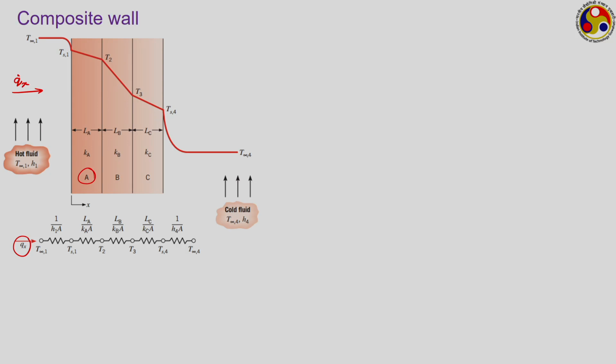So, if Q̇x is the amount of heat conduction, then for block A we can directly write using the concept of thermal resistance. Okay, let us start from the hot fluid side. So, if we write for hot fluid side, then we can write the temperature difference (T∞1 − Ts1)/Q̇x will be equal to 1/(h1 A).